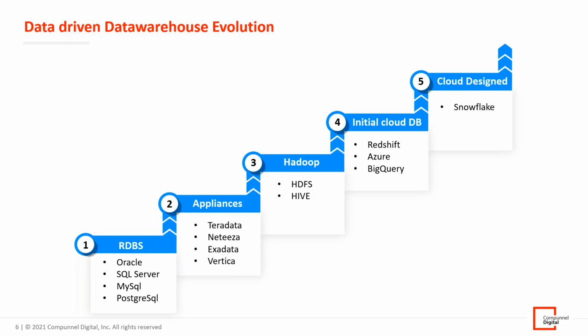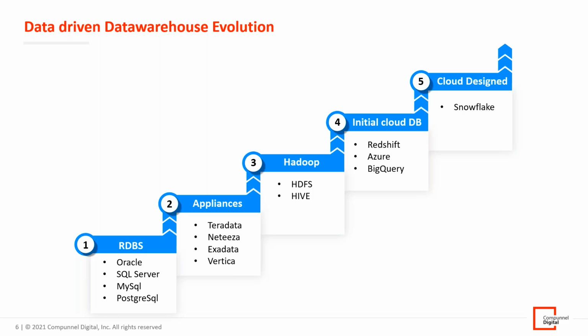Then around 2005, Hadoop-based ecosystems like HDFS and Hive came to the market to support big data initiatives. Around 2012, initial versions of cloud databases like Redshift on AWS, Azure Data Warehouse, and then BigQuery were introduced. Of course, there are still certain limitations with those.